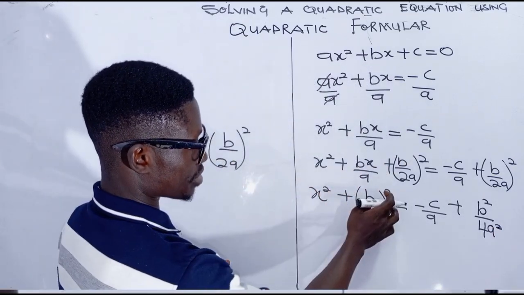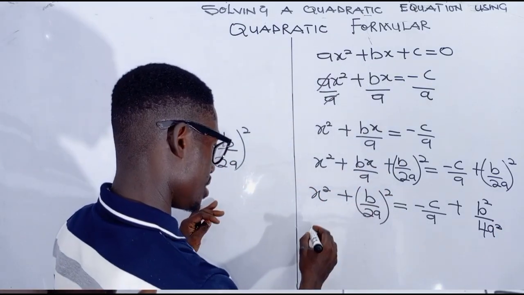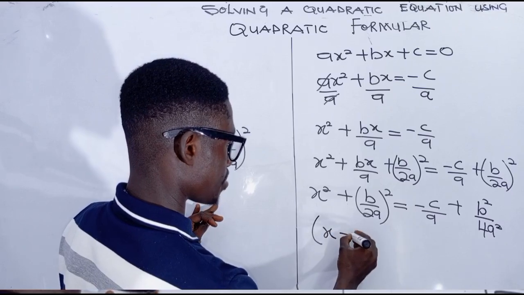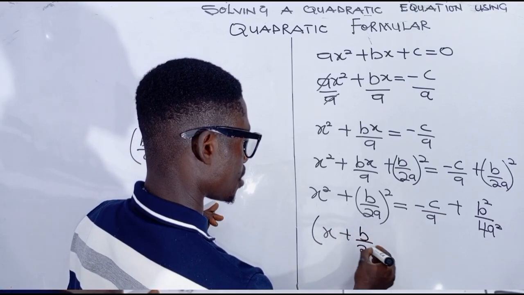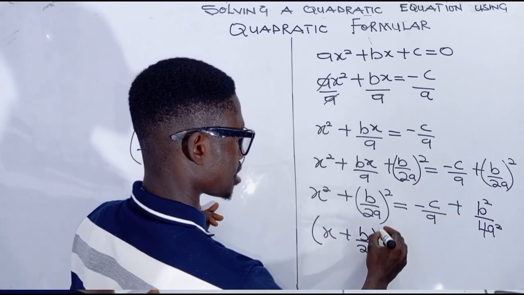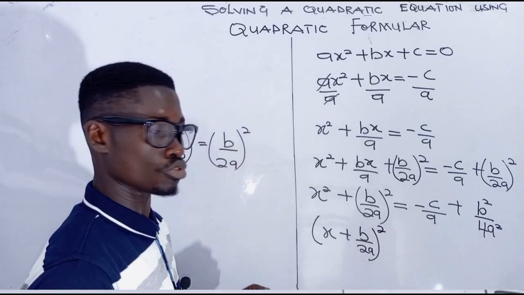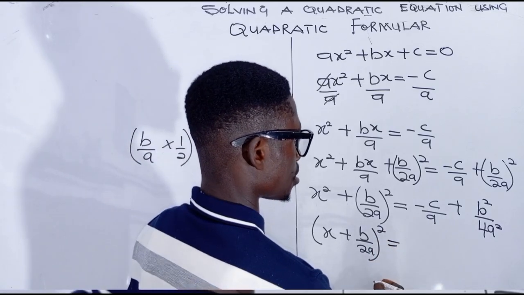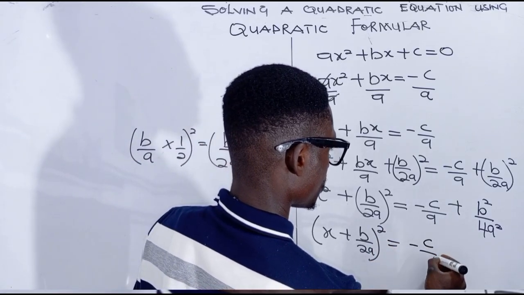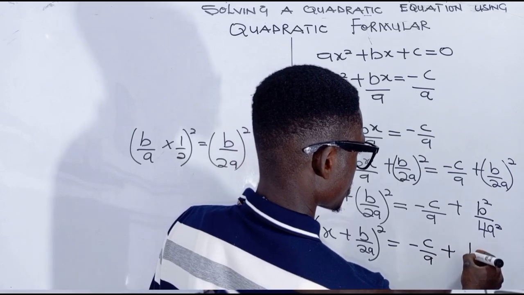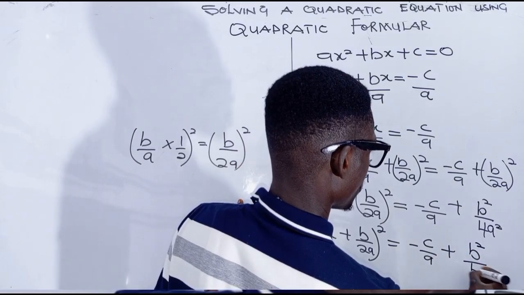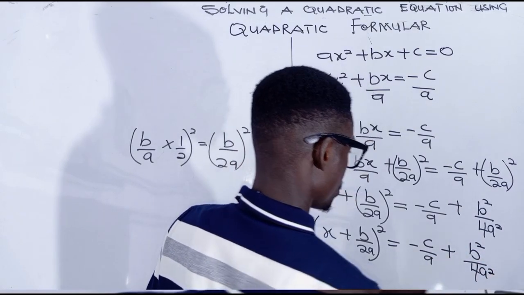We can rewrite this in this form: x plus b all over 2a, all raised to the power 2, equal to minus c all over a plus b squared all over 4a squared.